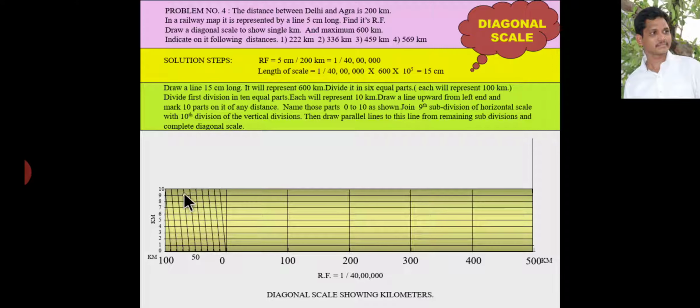So from here to here, the total length is 569. That is 500 plus 69. This is the 6th line, this is the 9th line. The corresponding intersecting point is 69 kilometers.